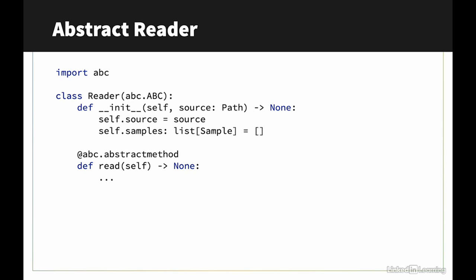It's common to apply Liskov substitution to each concrete subclass that implements the abstraction. Each subclass of this abstract reader class must start with these methods and have the same general semantics. In this case, for example, the read method has no parameters and no return value, and it leverages the internal state of the class, using the source attribute and setting the samples attribute.